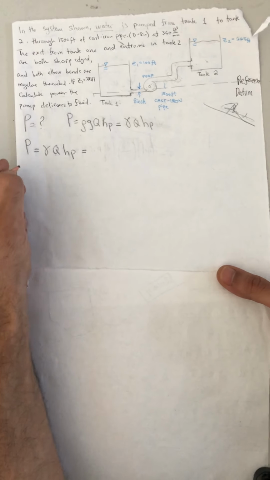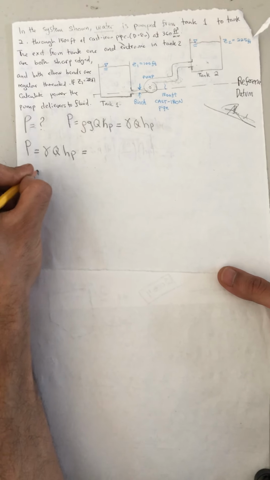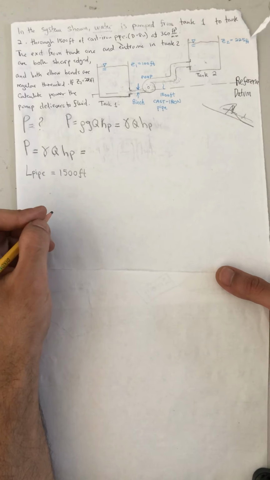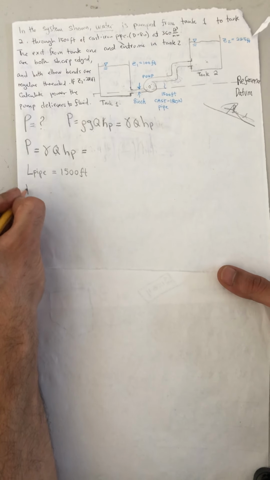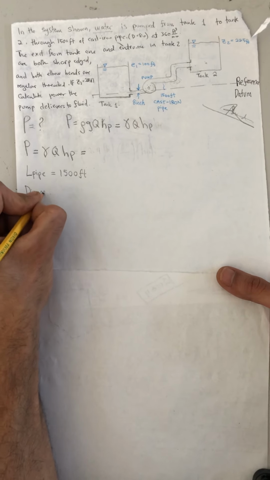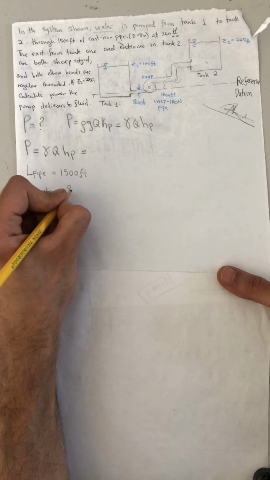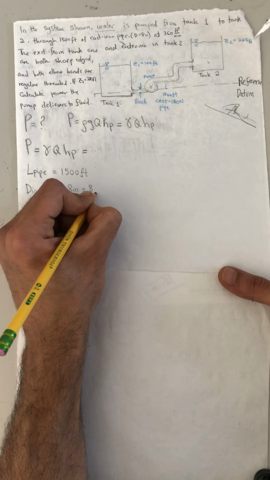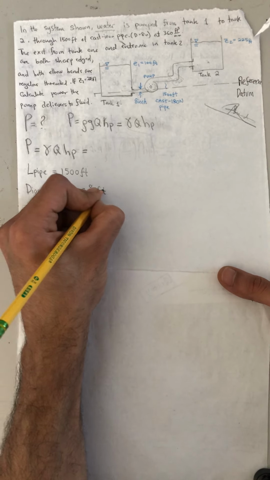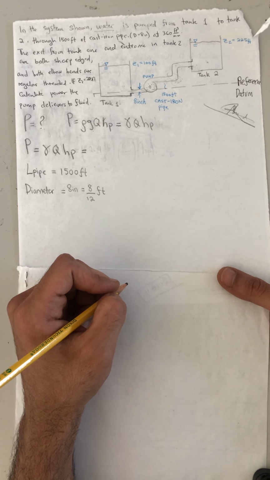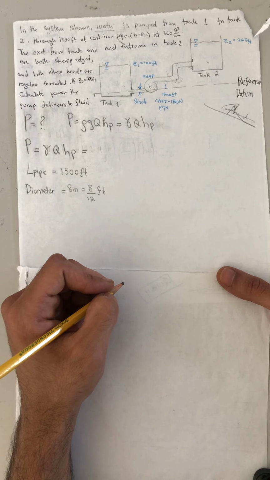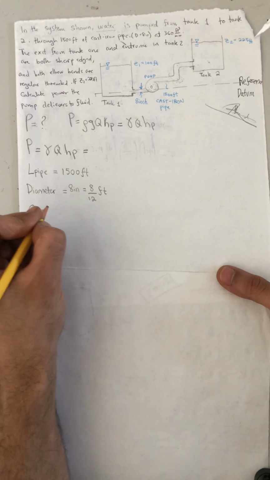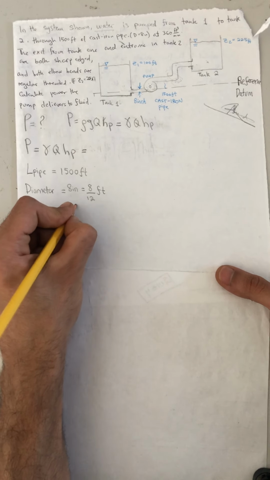We are given the length of the pipe, we are given the diameter of the pipe, 8 inches, converted to feet to stay consistent with our units, and we are also given our volumetric flow rate, 360 feet cubed per minute.